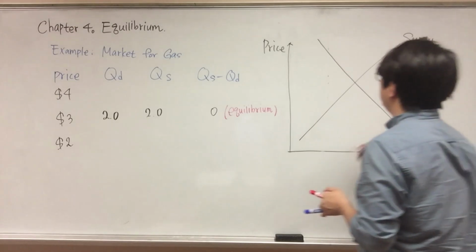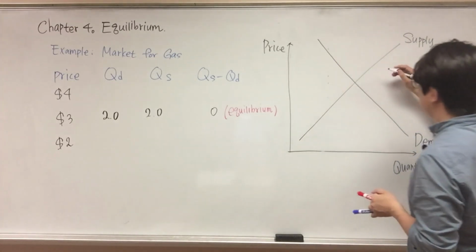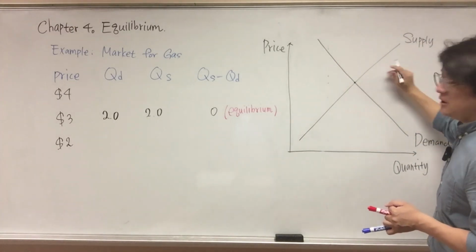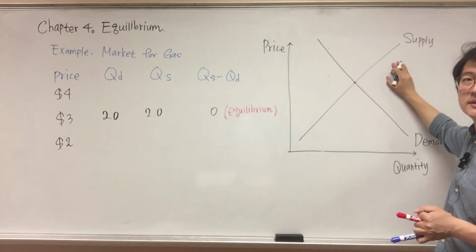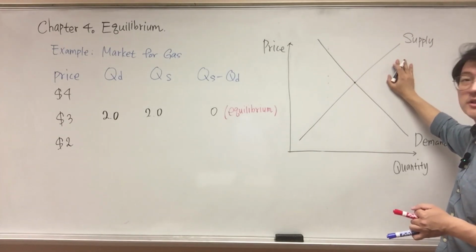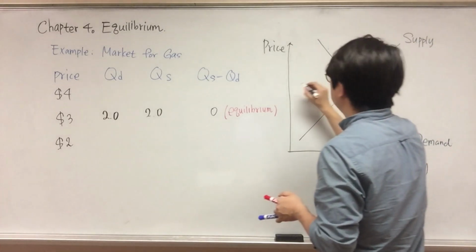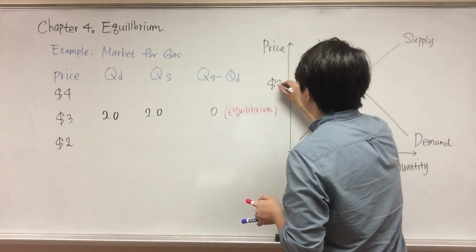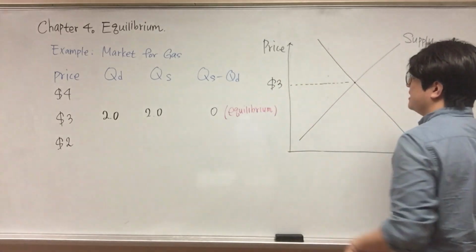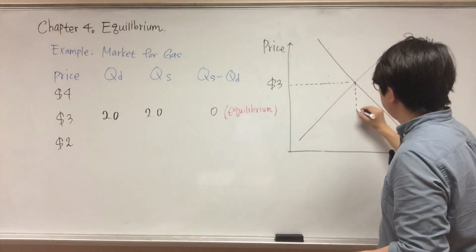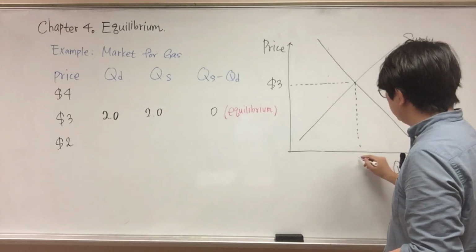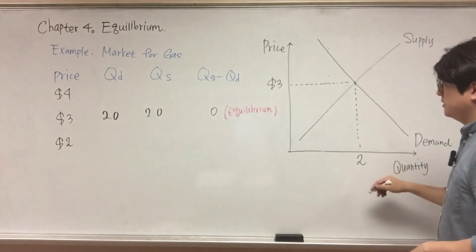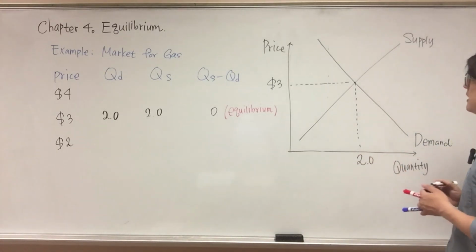And what is the equilibrium point? Here, where demand and supply are equal to each other. In this case, at this point, we have the market price at $3, and the quantity is 2.0.